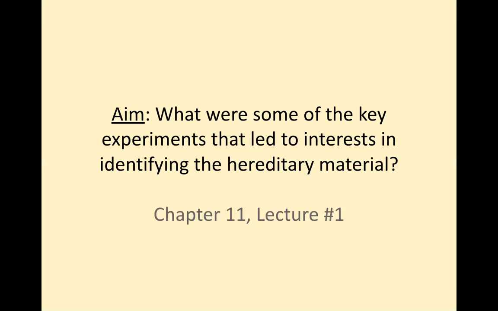So what were some of the key experiments that led to the interest in identifying the hereditary material? Up until this point, you have learned about Gregor Mendel's work. You have also learned about Sutton Boveri's work.